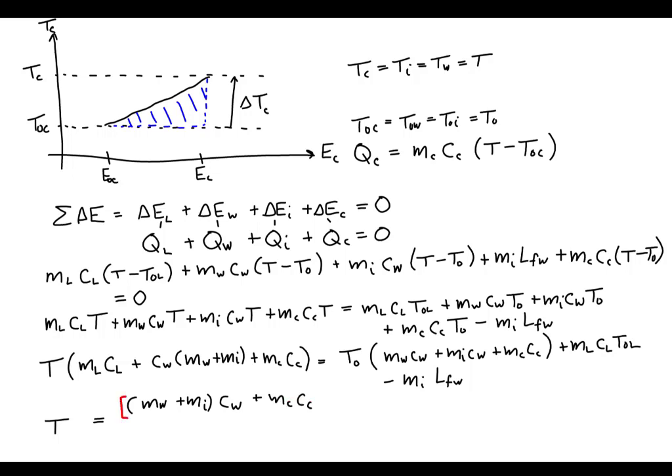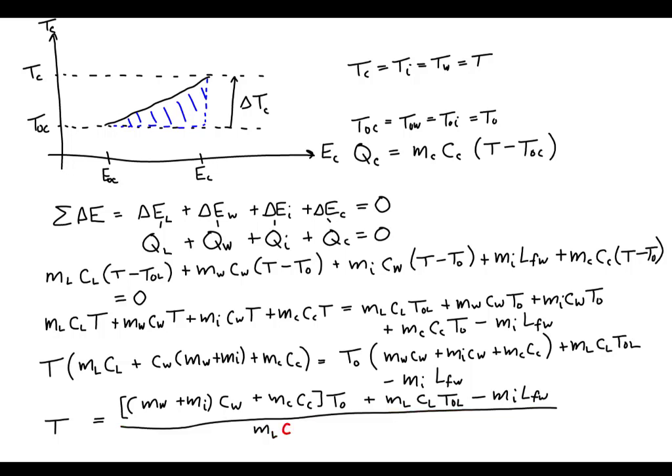This is multiplied to the initial temperature of the ice-water calorimeter combination, plus the mass of the lead, specific heat of lead, initial temperature of lead, minus mass of ice, latent heat of fusion of water, all divided by the mass of the lead, specific heat of the lead, plus the specific heat of water, times the sum of the mass of the water plus the mass of the ice, plus the mass of the calorimeter times the specific heat of the calorimeter.